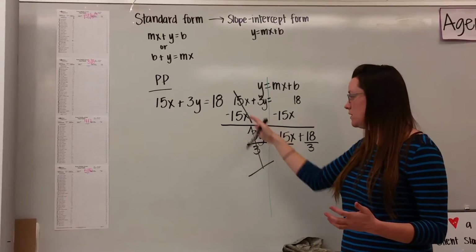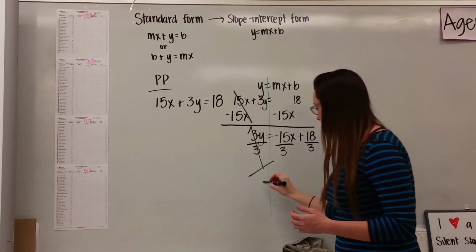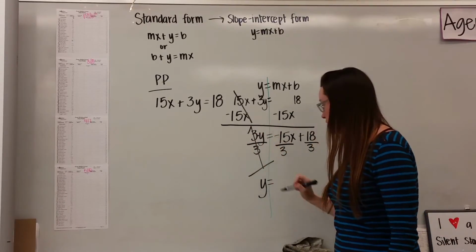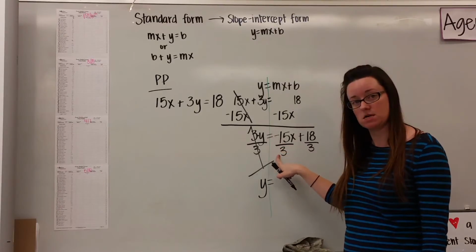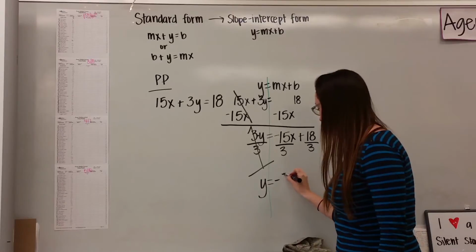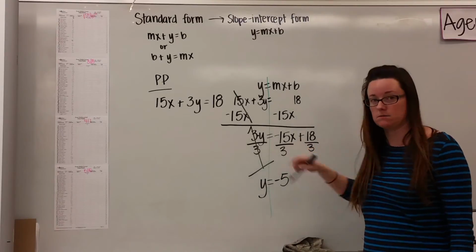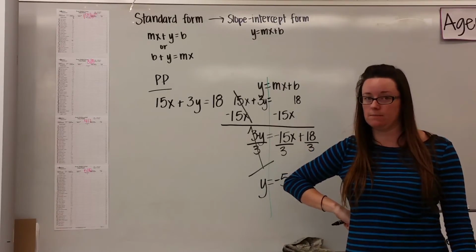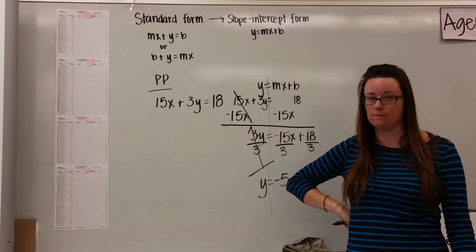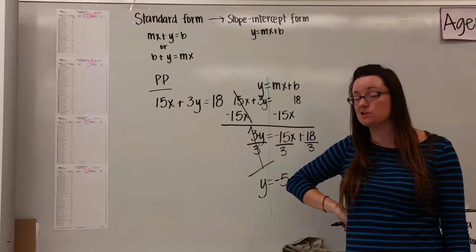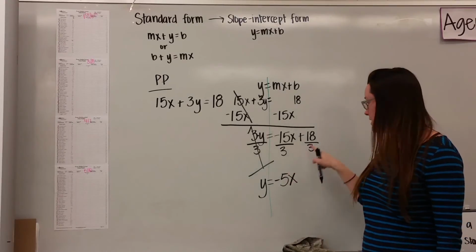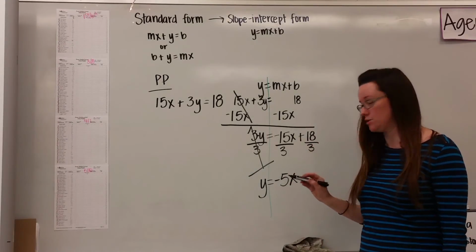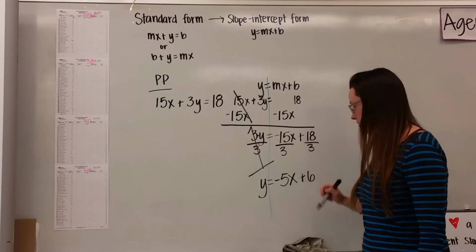So we get y equals, now, negative 15 divided by 3 is negative 5. That x, they're partners, can't go anywhere without the other one. It's like Batman and Robin, they go everywhere. Okay, annoying sibling always follows you. That's what it's doing. That x comes along, and 18 divided by 3 is just 6.